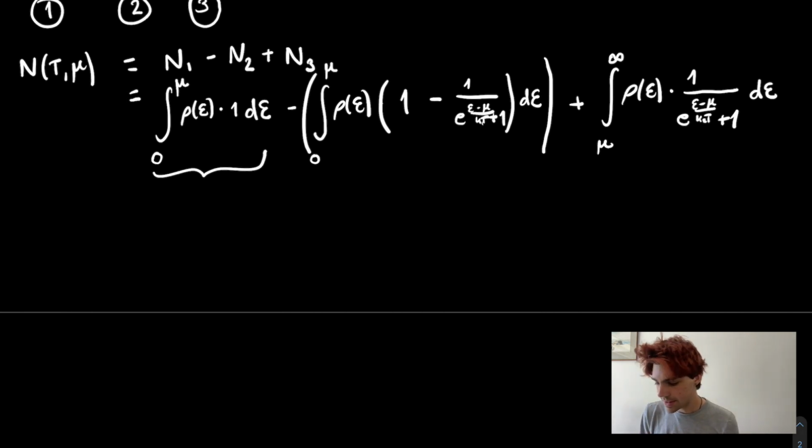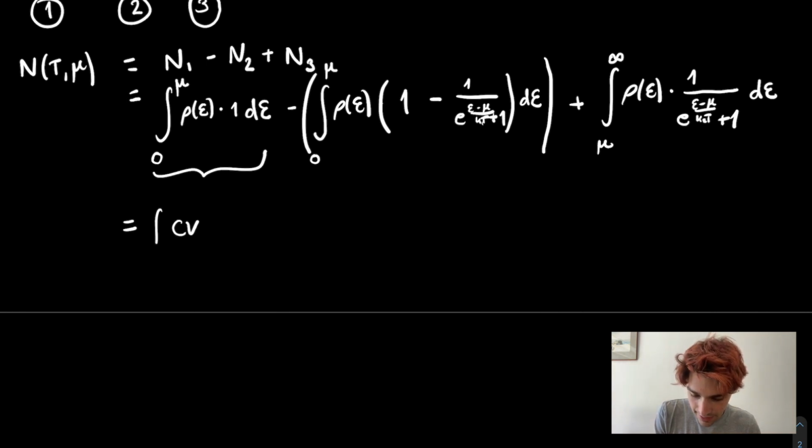So the density of states right here, we can just simply substitute in, is CV. So we're going to get the integral again between 0 and mu of CV, where C is just all those constants, multiplied by the square root of epsilon, integrated with respect to epsilon. So that's fine, we're going to get pretty much what we had before.